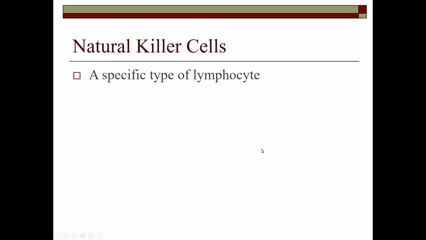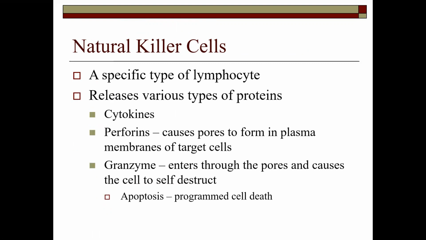All right, so natural killer cells, again, a very specific type of lymphocyte, and you can probably guess from their name what they do, okay? They are very good at killing things, specifically killing pathogens or microorganisms. So just like most white blood cells, when they encounter a foreign cell, they're going to release all kinds of different types of proteins, different types of cytokines, as well as some special proteins.